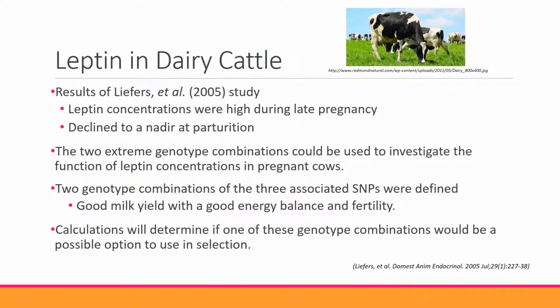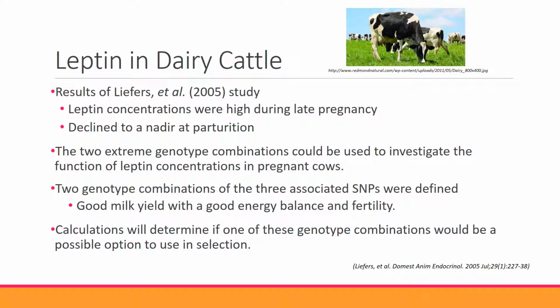Results of the Liefers study determined leptin concentrations were high during late pregnancy and declined to a nadir at parturition. The two extreme genotype combinations could be used to investigate the function of leptin concentrations in the pregnant cows, and the two genotype combinations of the three single nucleotide polymorphisms were defined as having good milk yield with a good energy balance and fertility.